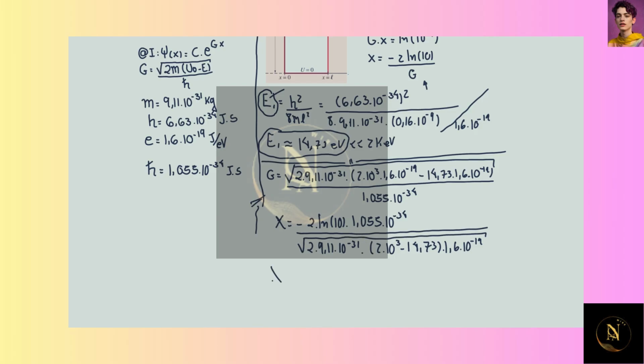Then we get x is approximately minus 2 times 10 to minus 11 meters, finishing our question.